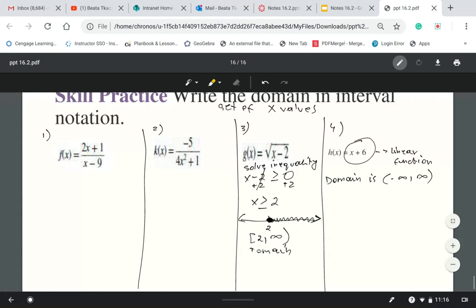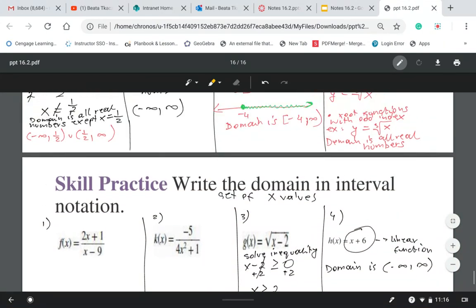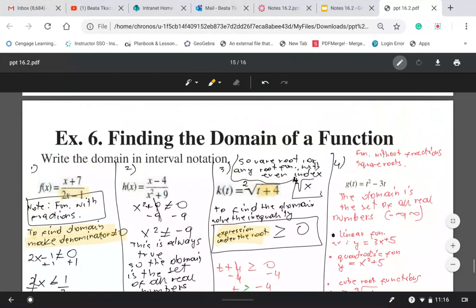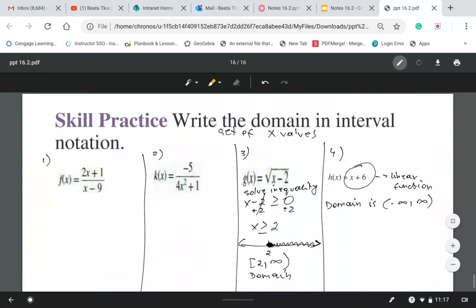Now going back to number 2. Number 2, you have a fraction. However, it's very similar to number 2 from the previous problem because that denominator has an x to the second power. So to find the domain of this function, you have to give the condition that the denominator of this fraction can never be equal to 0.